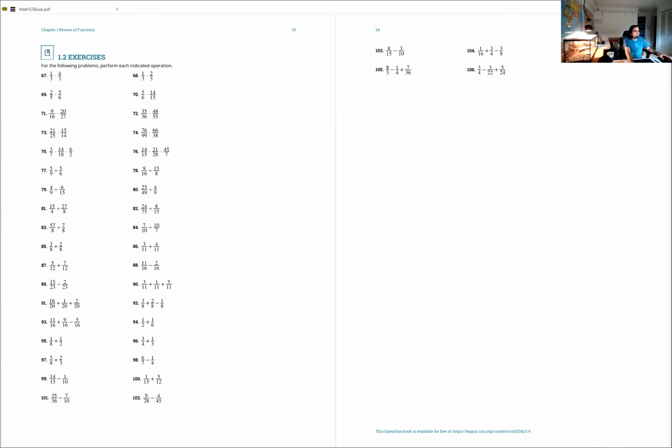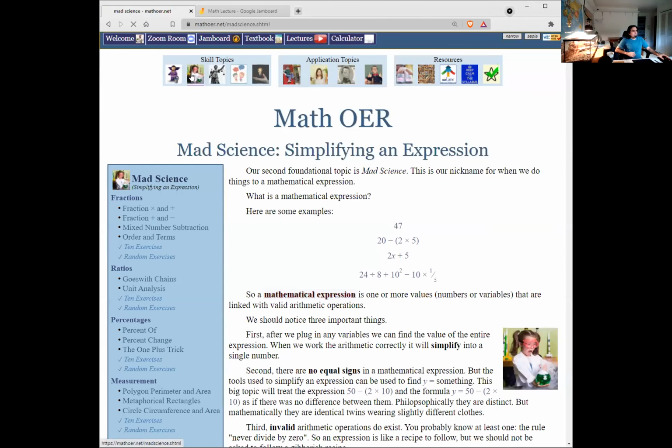So let's pretend we need to learn about 2 fractions first and why canceling happens. On the website, I'm going to go to Mad Science, the girl doing chemistry, and that's about squishing things together without equal signs yet.